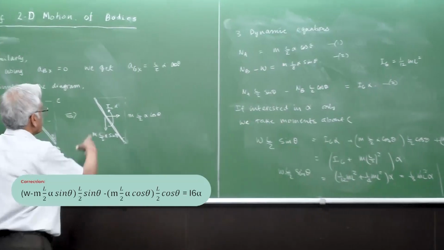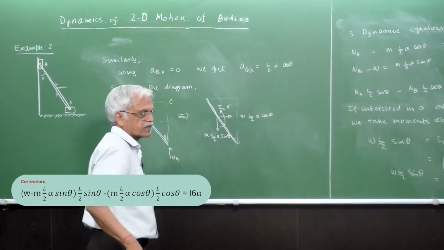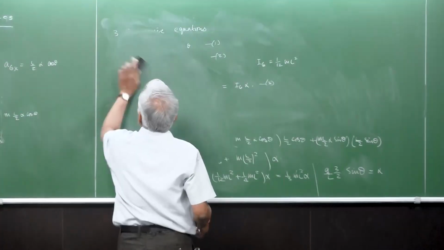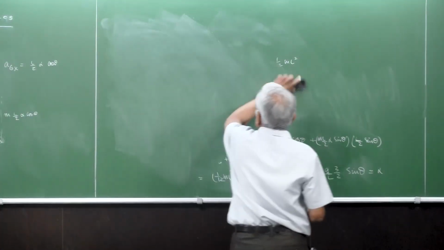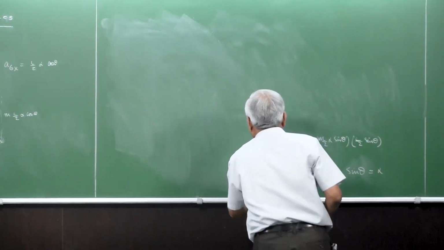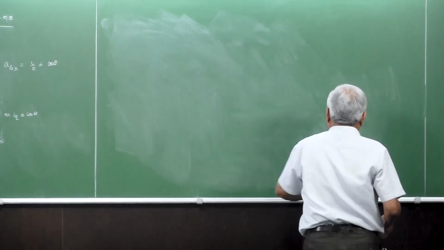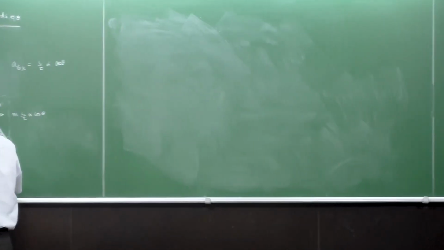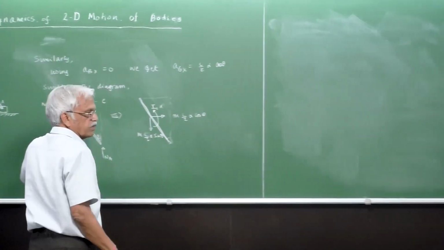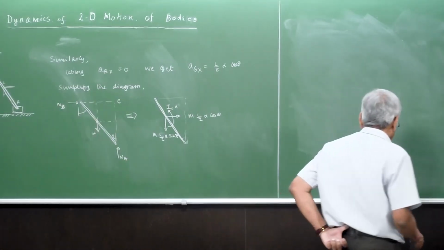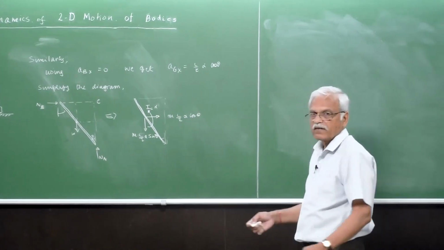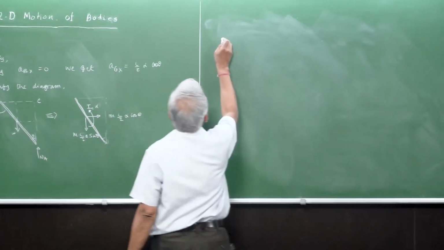Just another simplification here: we have obtained the constraints by applying the equations on A, for example, that its acceleration in the vertical direction is 0, and its acceleration about B is... So we can also get this much more easily if you apply the graphical diagram.